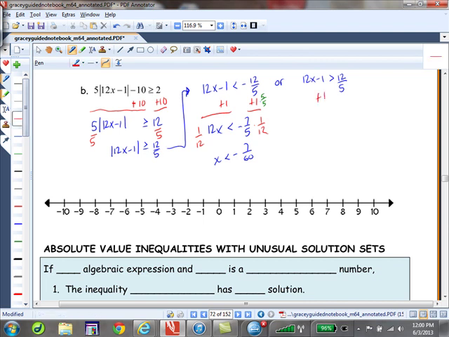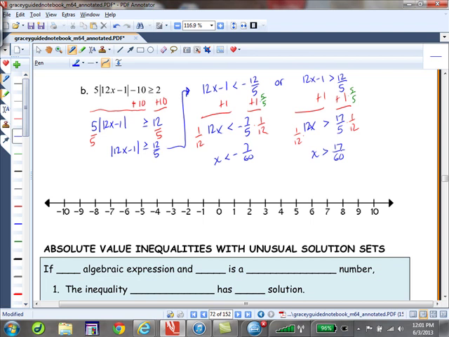Working on this side, if we add 1 to both sides, we will need to also get a common denominator. 5/5 gives us a common denominator. So we'll get 12x on the left side, and that's greater than 12 plus 5, which is 17/5. And then multiplying both sides by 1/12 to isolate the x, we will have x must be greater than 17/60.